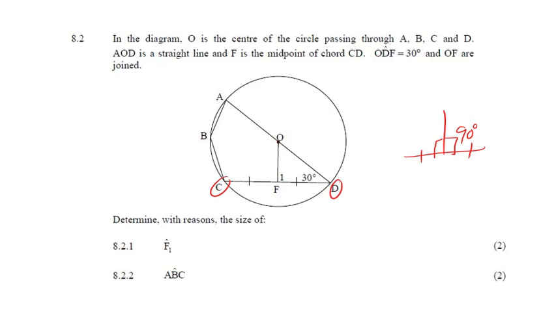F1, they didn't specify that there's F2, but the whole of F is equal to 180, so F1 will be 90 and F2 will be 90.